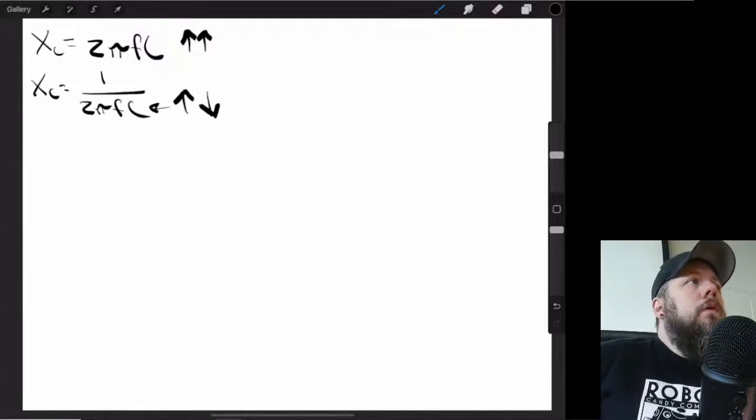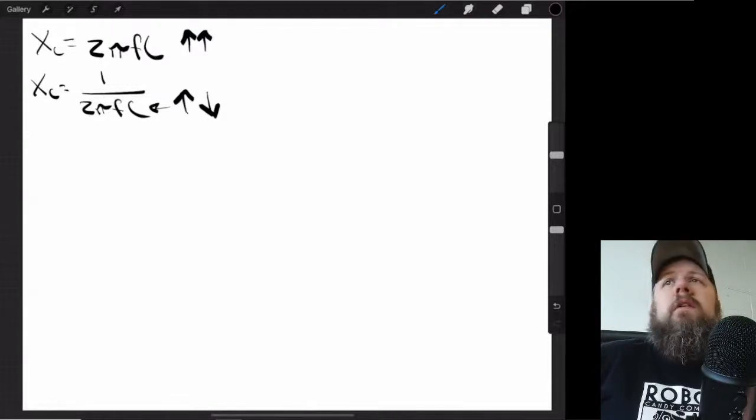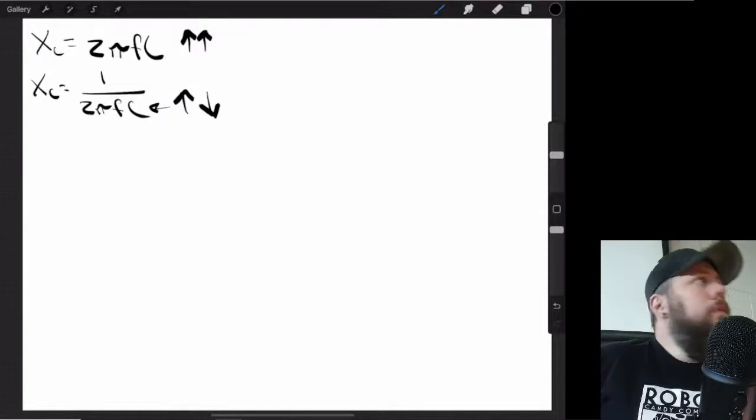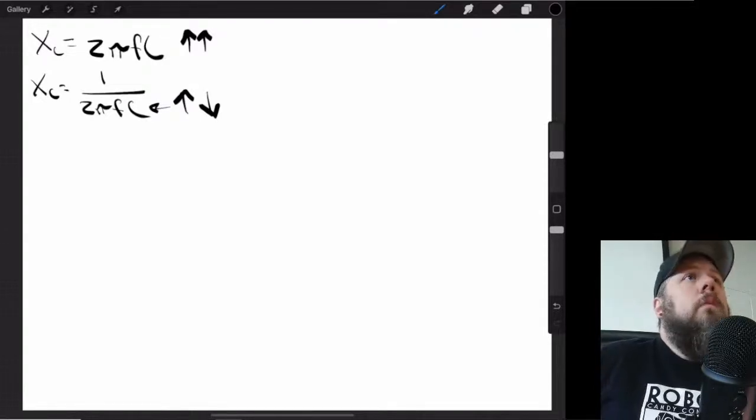Now, what we're going to learn today, one of the main reasons that we use inductors and capacitors is for filtering, okay? So when we filter something, we could do it one of two ways, okay?